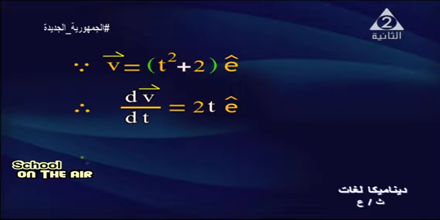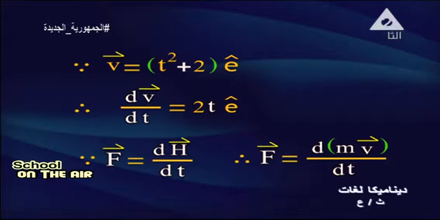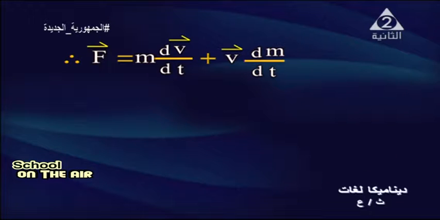And we know that the force vector F equals dP/dt, the rate of change of momentum with respect to time t. Then vector F equals the derivative of m v vector with respect to t. Now we have mass in terms of t and v in terms of t. Then we use Newton's second law: F equals m dv/dt plus v dm/dt, because each of the mass and the velocity is variable.